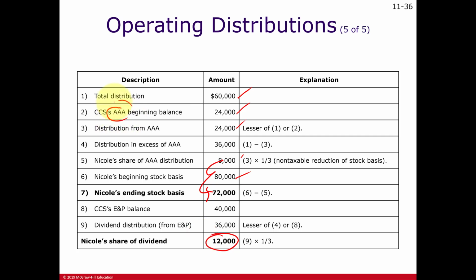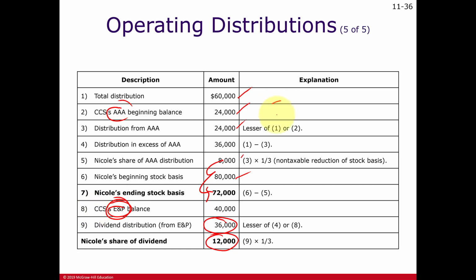We've already used up that. Her share was $8,000. This $12,000 is coming from the corporation's earnings and profits. So that's more than enough. Here's all three shareholders, which is more than enough to cover the rest of the distribution. And whenever distributions are made from earnings and profits, the distribution is taxed as a regular dividend.